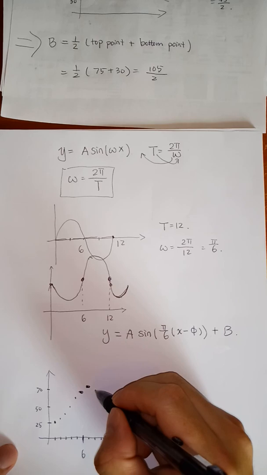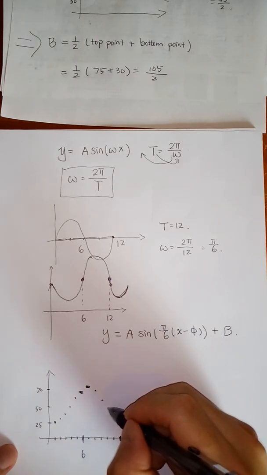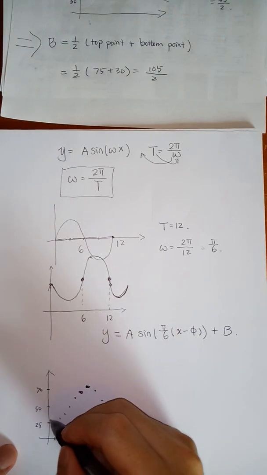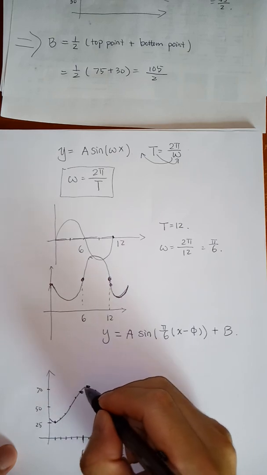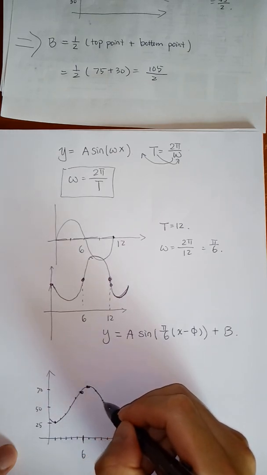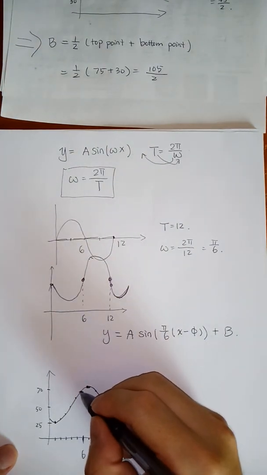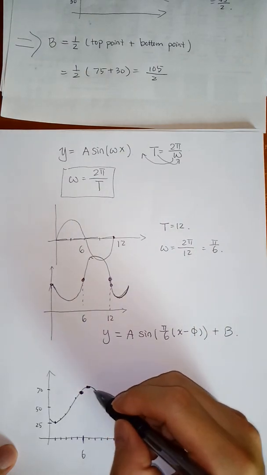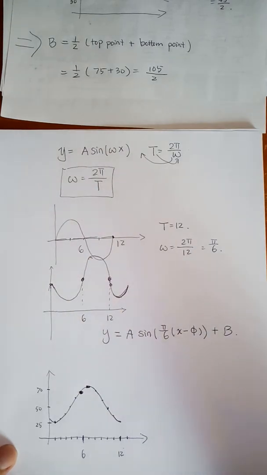Move it a little bit left. 8, 9, 10, 11, and 12. Okay, so this is the graph, the sketch of the graph.